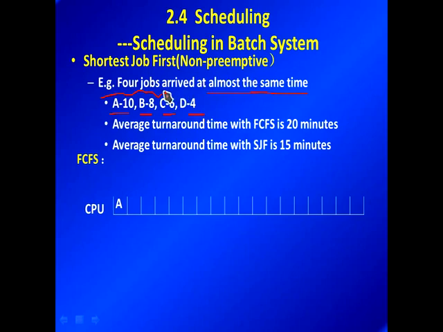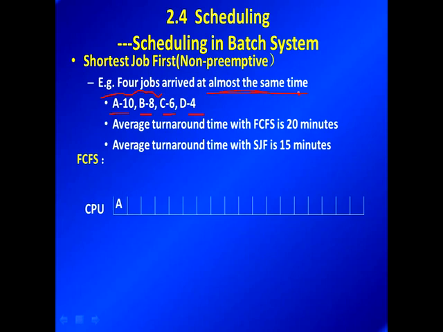Although we suppose the 4 jobs arrive at almost the same time, exactly speaking there must be an order. They can't arrive at the system at exactly the same moment.